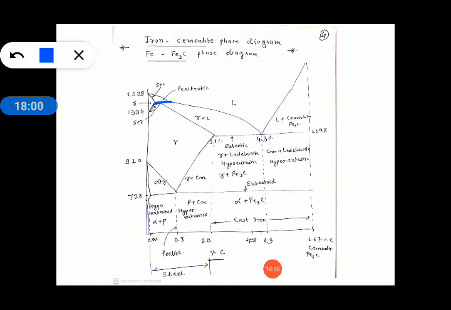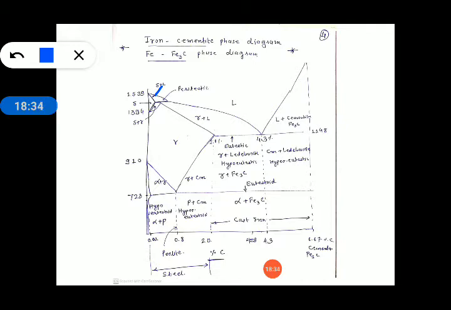Before that I will just join this. See, this line is joined at another solidification temperature, 1394 degrees centigrade, and this horizontal line is called the peritectic isotherm or peritectic reaction. In this zone it is called delta plus liquid.